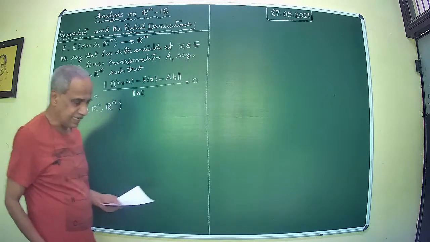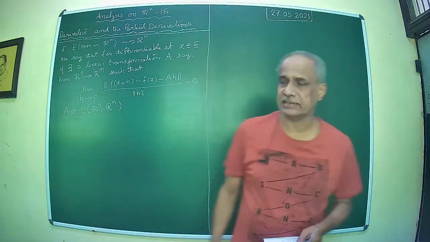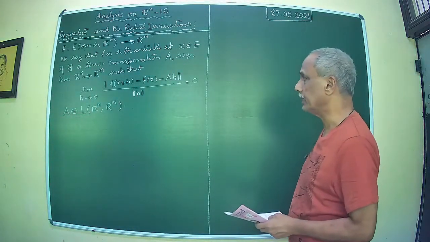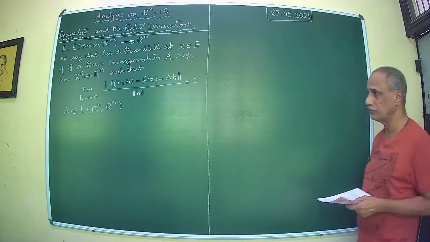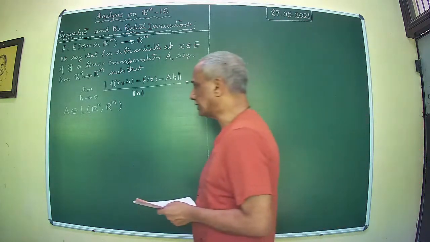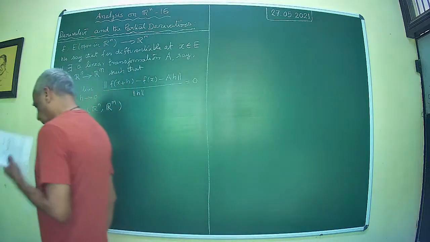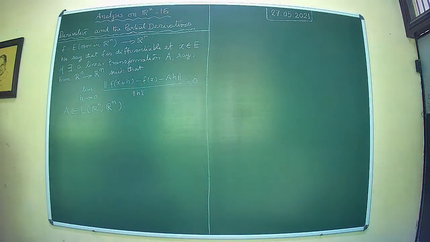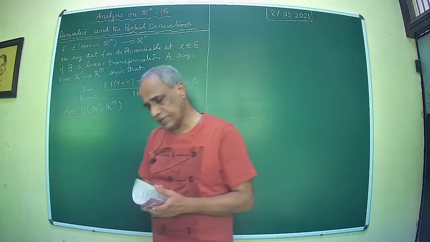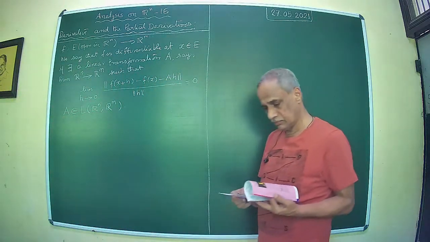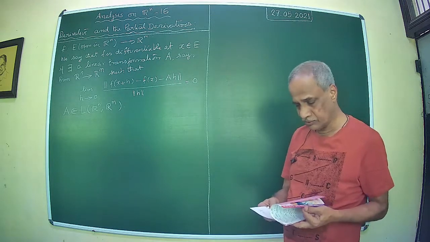Now in the last lecture we have connected A with the partial derivatives of f at the point x, and we found that this is what it turns out to be.